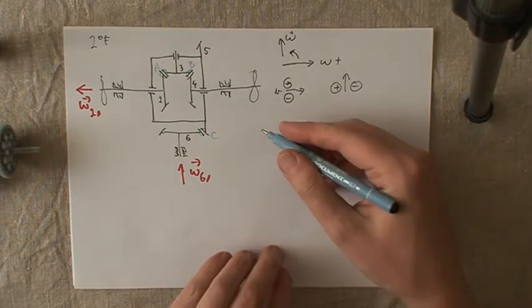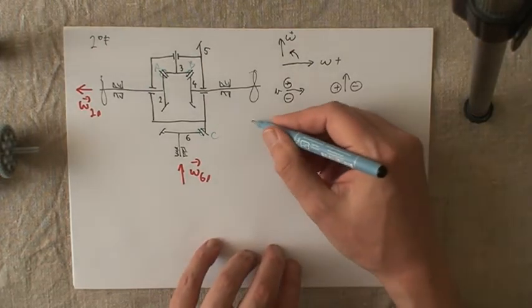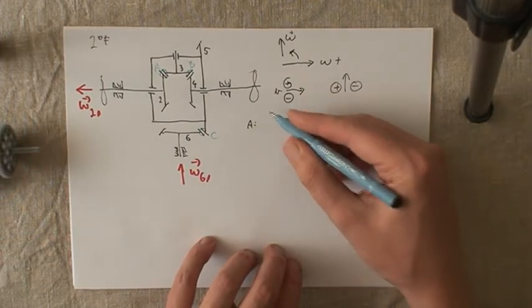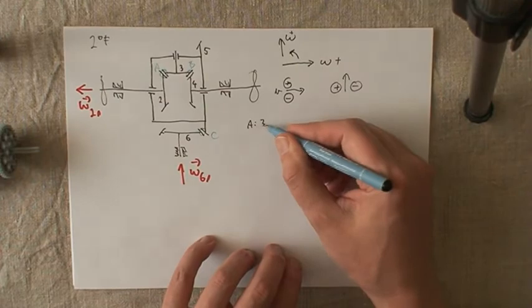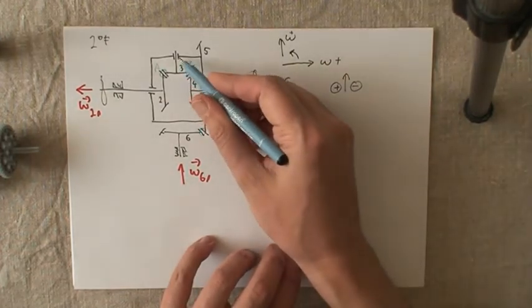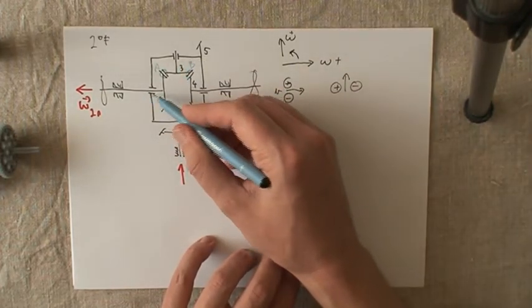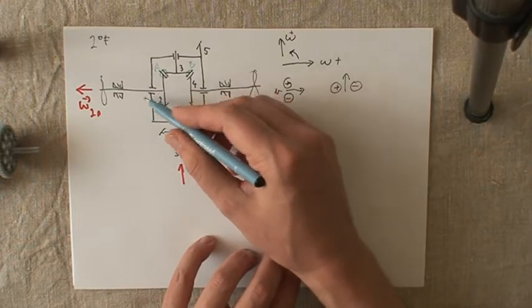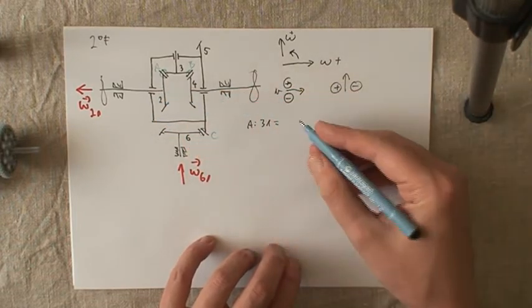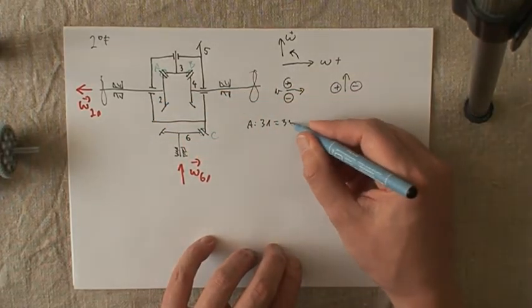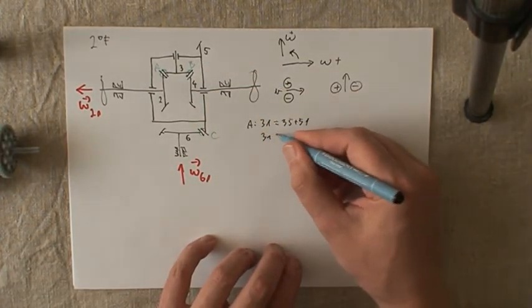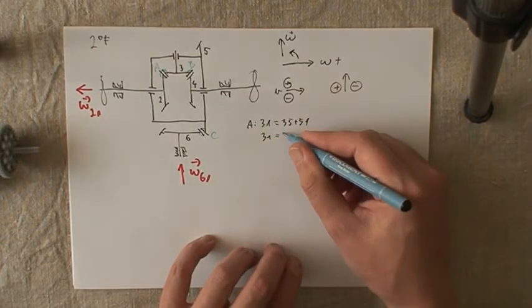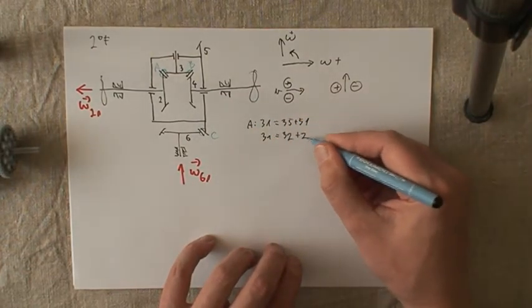So just to be sure that you will not have a problem with this, I'll do that for you. So in here, the satellite is number 3, so 3,1 equals, and we can go through the carrier or through the gear number 2. So it will be 3,5 plus 5,1 through the carrier, or through the wheel number 2.